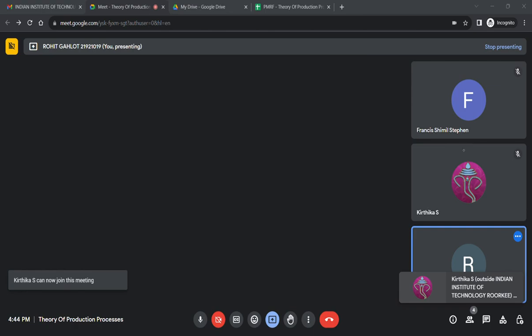Now for a solidification time TS of 3 minutes, the diameter of the riser we need to calculate. So try solving this, then we will discuss. If you don't recall the formula, I will write it: T solidification is K times V by A to the square. So try solving this now, and then we'll discuss.